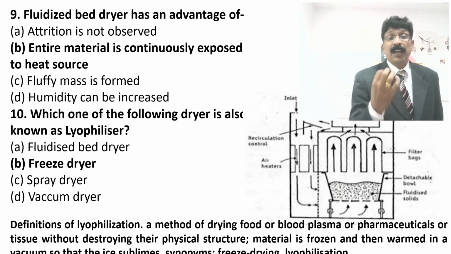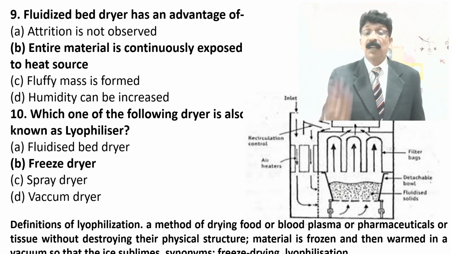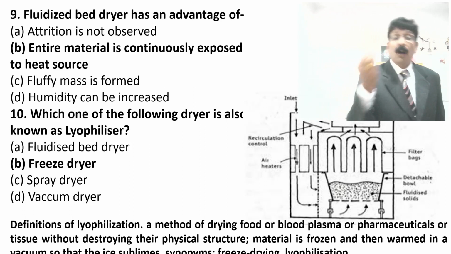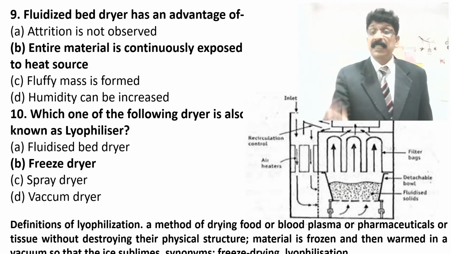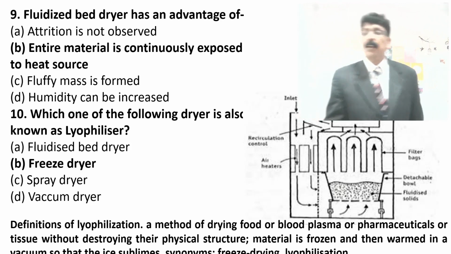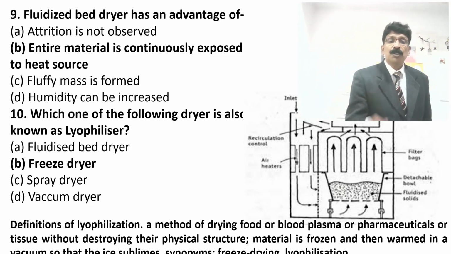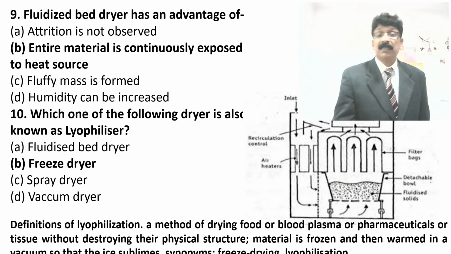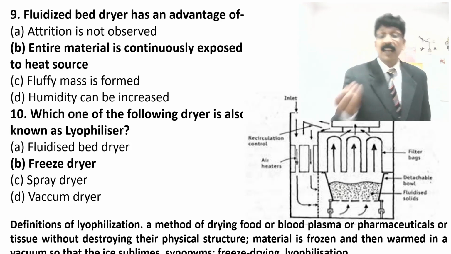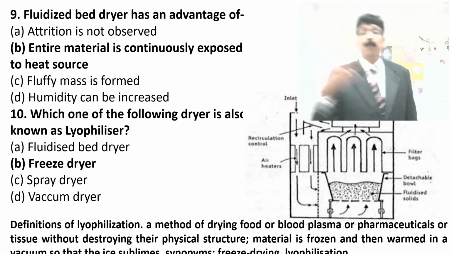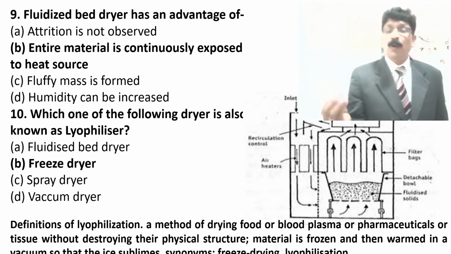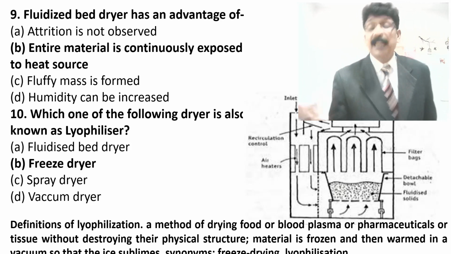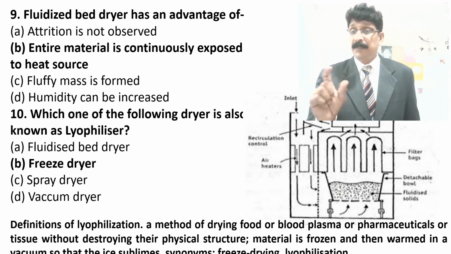Lyophilization is a method of drying food or blood, plasma or pharmaceutical products or tissue without destroying their physical structure. The material is frozen and then warmed in a vacuum so that ice sublimes, and the synonym is freeze drying or lyophilization.